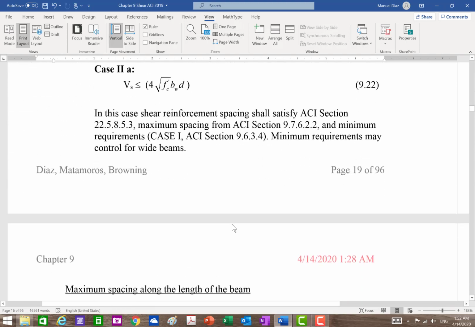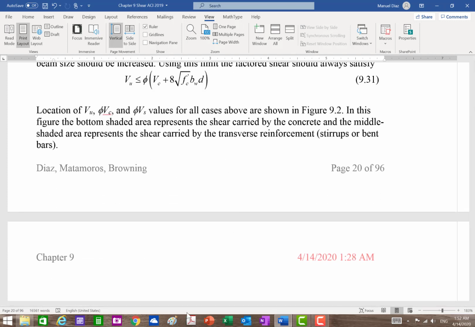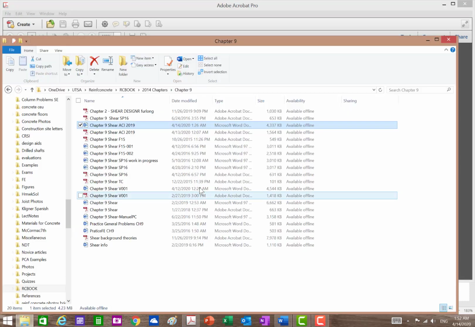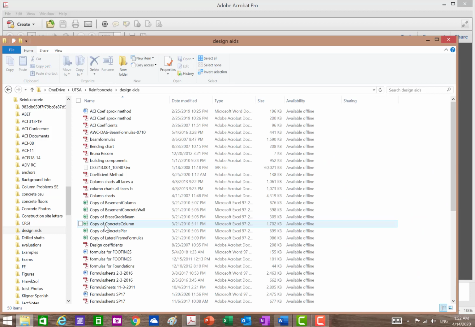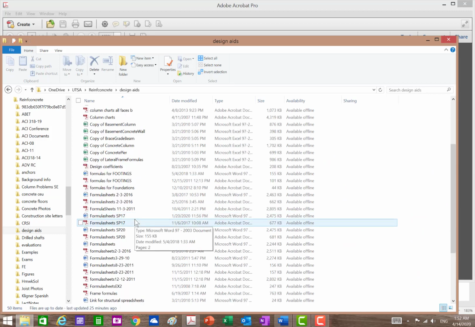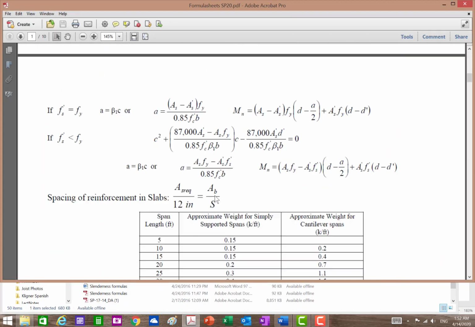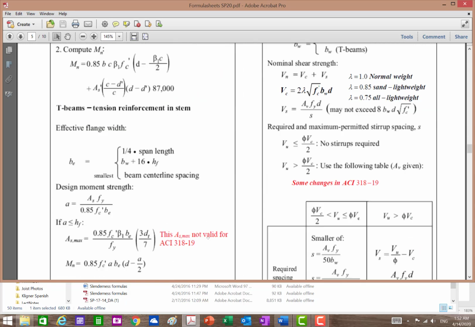All right, so now we know all the cases, and these cases have been put very nicely in your design aids. So let me go here to design aids. So in the design aids, you have this table.